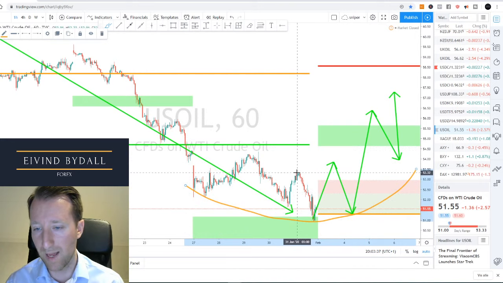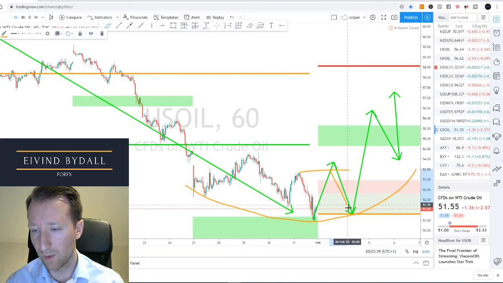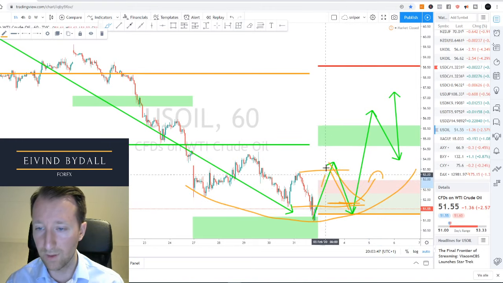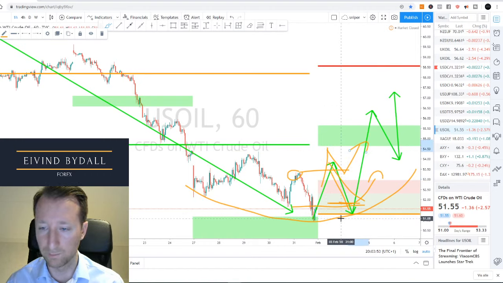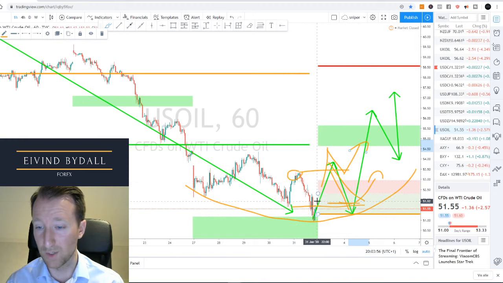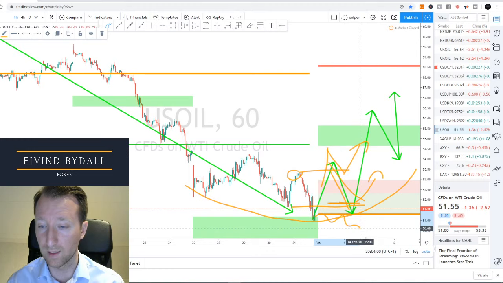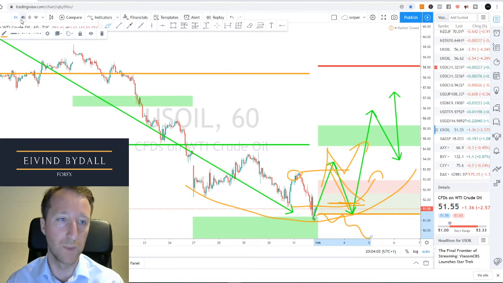So maybe back up to this area, coming back down, maybe not as much as this, maybe back to this price here. Then we can buy it back up. If it really extends above this high, then we're good to buy it again. I want oil to move up before I do anything. If it starts moving lower, I'm not interested in it.